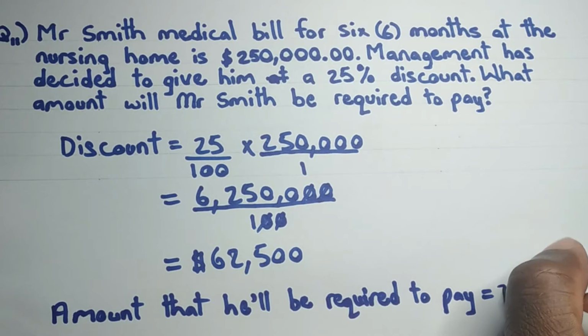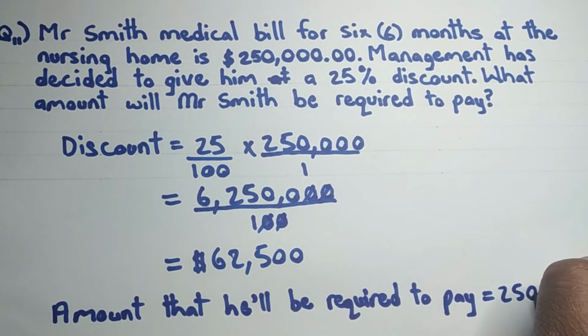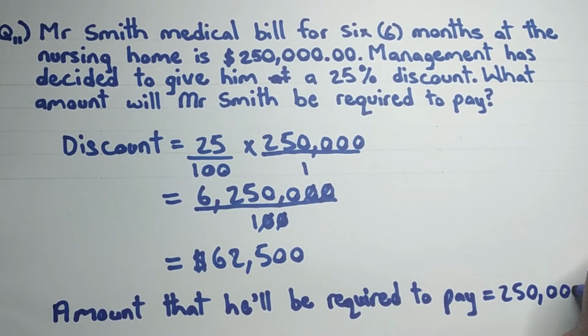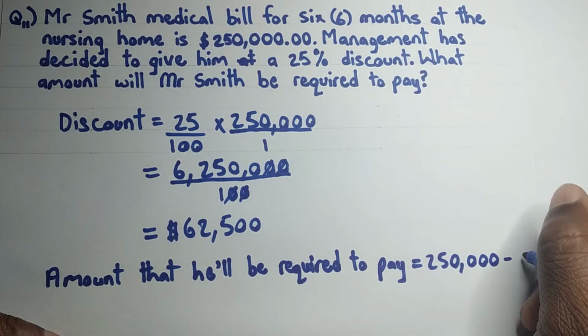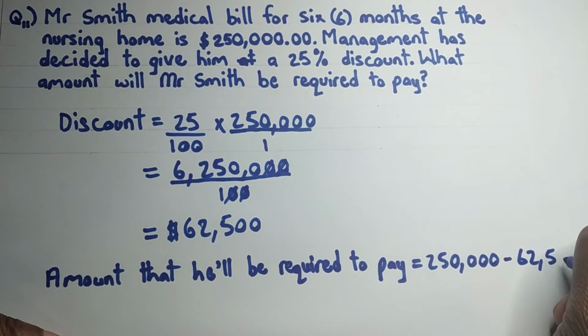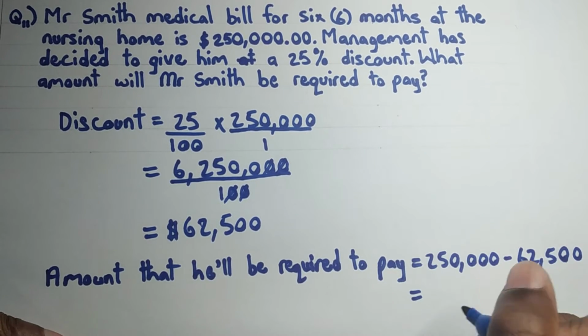So that's 250,000 minus the discount, which is $62,500.